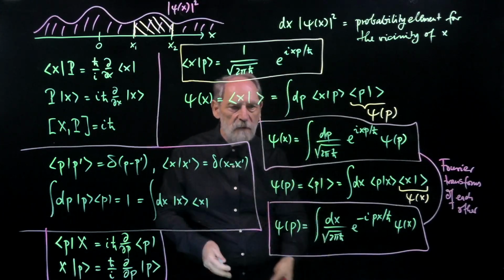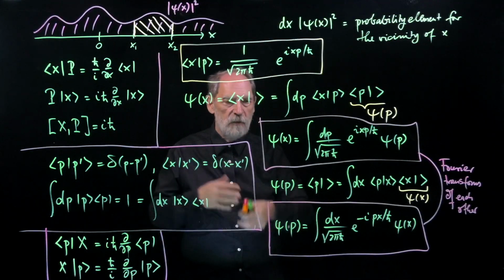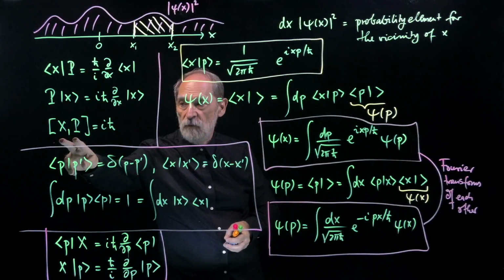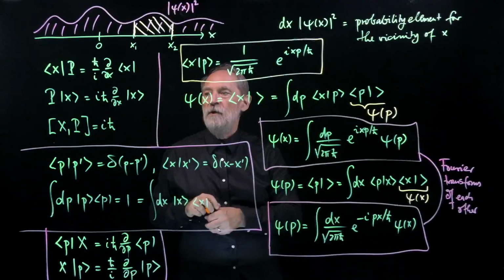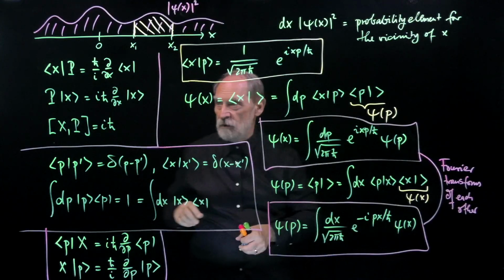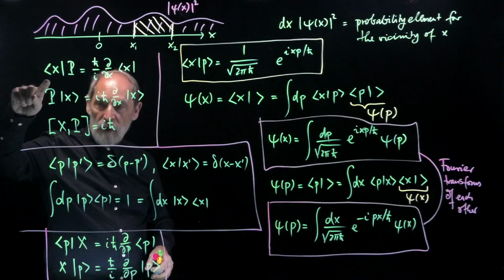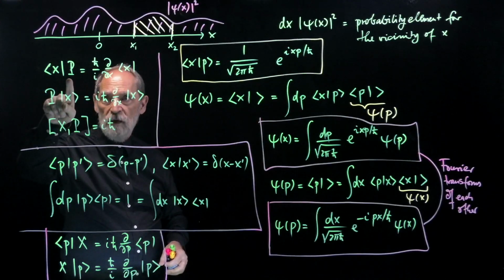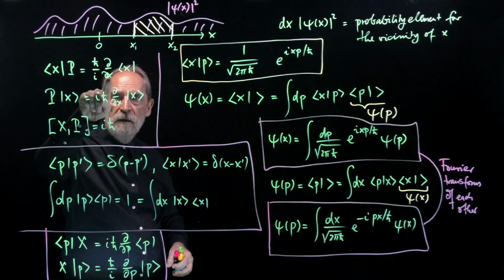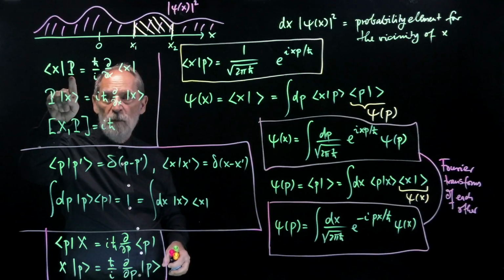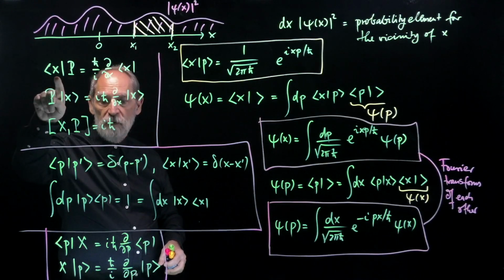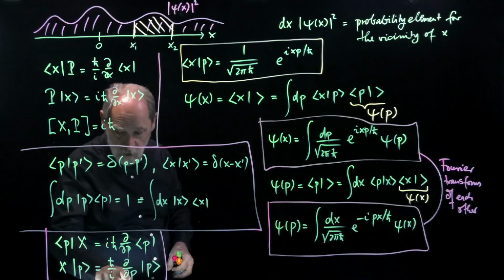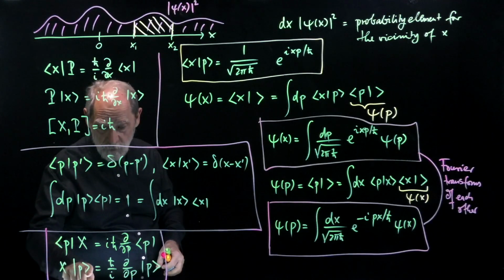So as we can see, there is a lot of symmetry between position and momentum, and it goes back to the symmetry that we originally recognized in this commutator, where except for a minus sign we can interchange x and p, and this minus sign was important in recognizing a relative minus sign as we translate from here to there. So as a reminder, we get h bar divided by i, the derivative with respect to x, when we apply the momentum operator to a position bra, and we get h bar divided by i, the derivative with respect to p, when we apply the position operator to a momentum ket.